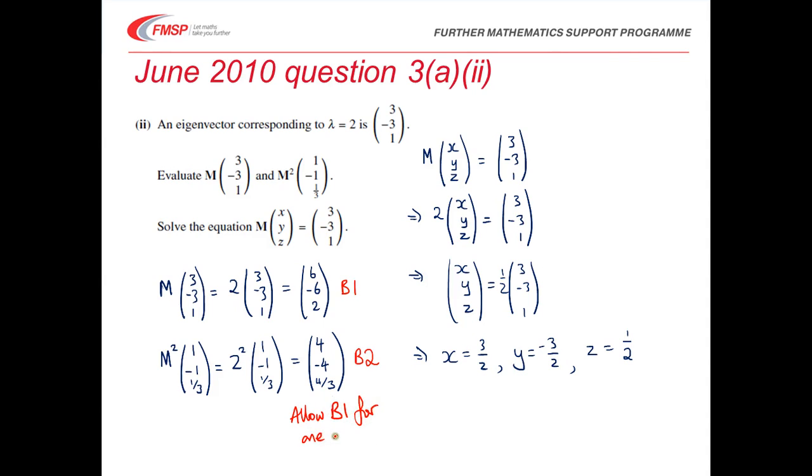So if you knew to multiply by 4 but made one silly mistake, then you'd get one of the 2 marks. There is, for the second part, a method mark for recognising that the solution is going to be a multiple of the right hand side, and an accuracy mark for getting the correct multiple.